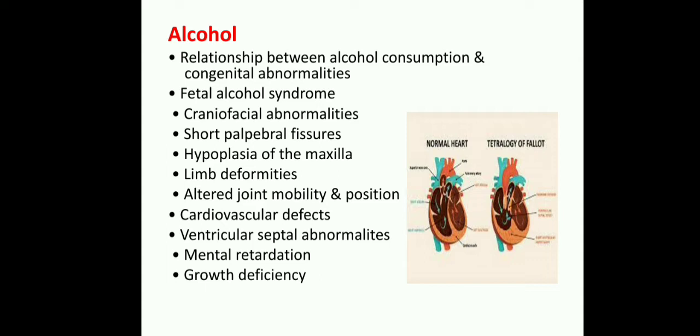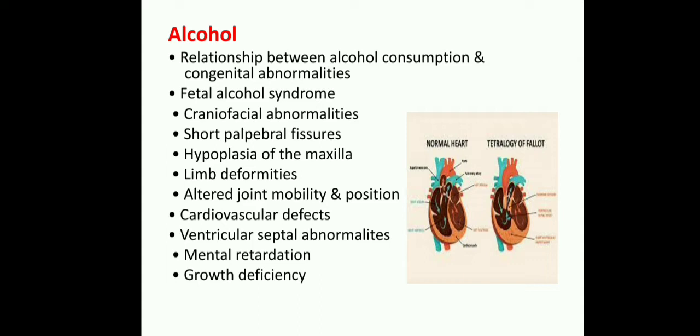Next is limb deformities. Here external limb deformities occur when the mother is consuming alcohol. Next is altered joint mobility and position, which is also one of the complications. Next are cardiovascular defects, and many conditions are there: ventricular septal defects, patent ductus arteriosus, tetralogy of Fallot, and so on.